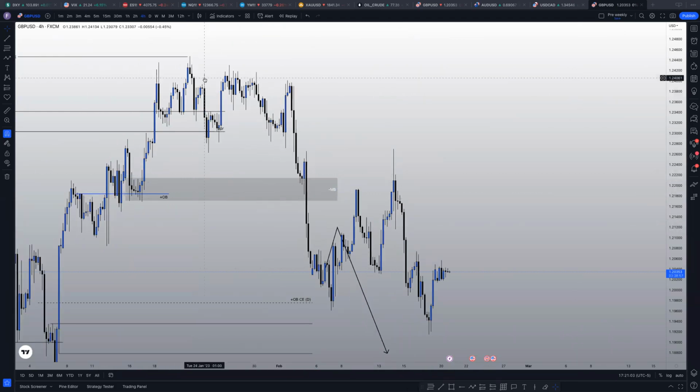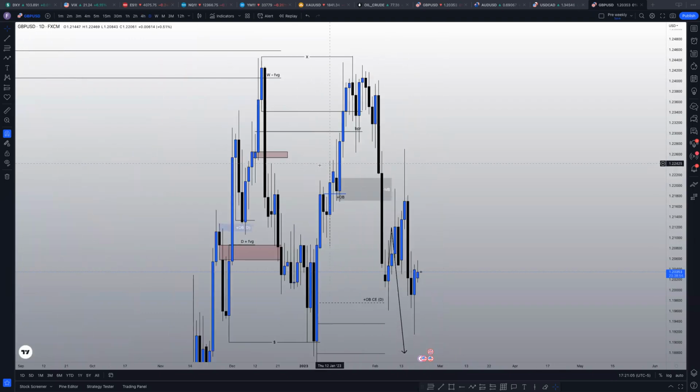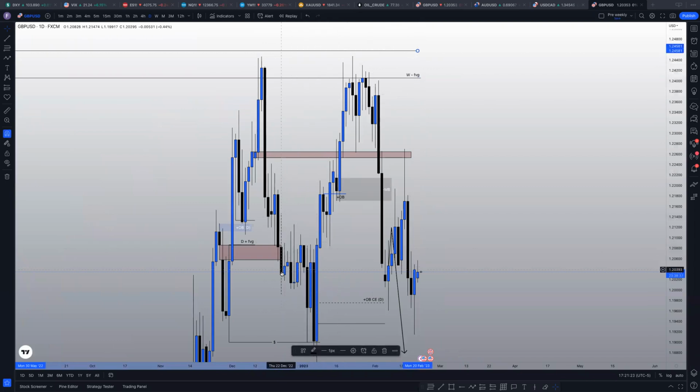GU, some surprising strength last week. Cue the music. We don't need this anymore. Don't need any of this.